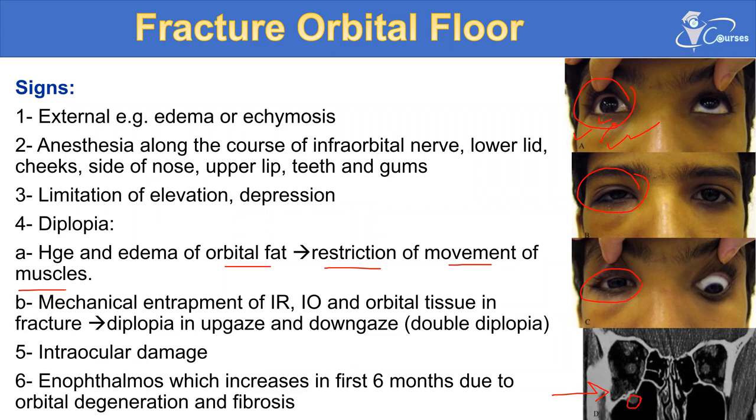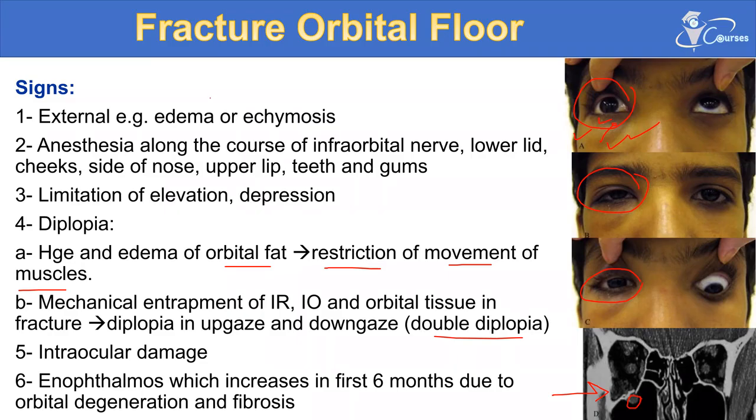So the hemorrhage and edema of the orbital fat can cause restriction of ocular motility, and this will just improve within 1 week. Or it can be due to actual entrapment of the inferior rectus, inferior oblique, or orbital tissues in the fracture, and this will cause diplopia in upgaze and diplopia in downgaze, or what's called double diplopia.